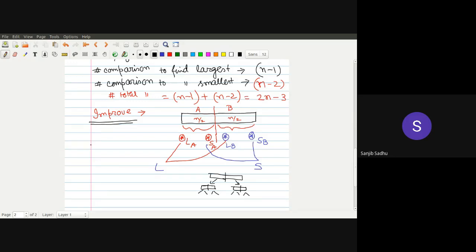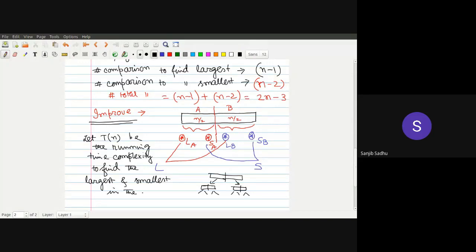Now we are worried about the time complexity. So let T(n) be the running time complexity to find the largest and smallest in the array.